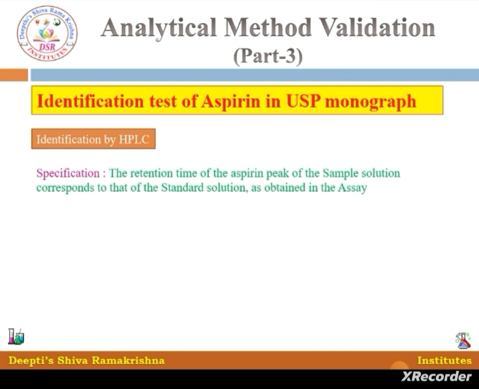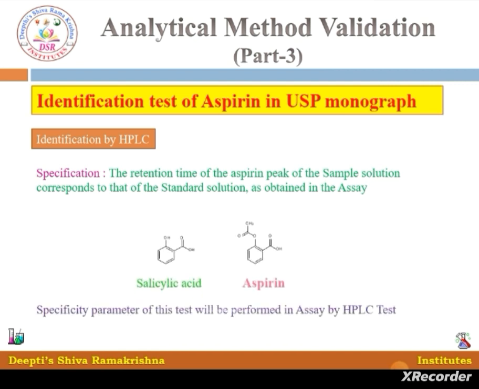This means identification by HPLC can be considered from the assay by HPLC method. So we need not perform identification by HPLC validation. It can be taken as reference from the assay by HPLC test. So the specificity parameter of this test will be performed in the assay by HPLC test.